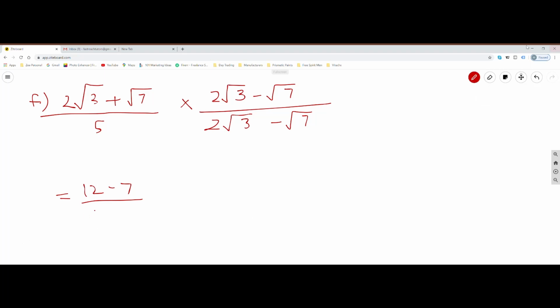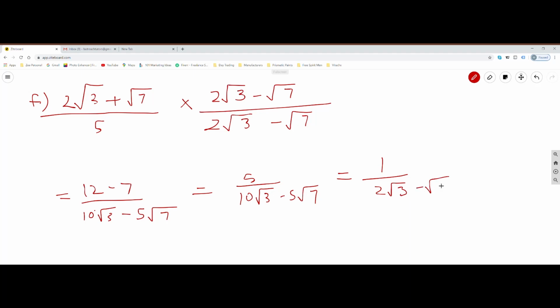So that's 10 square root 3 minus 5 square root 7 equals 10 square root 3 minus 5 square root 7 equals 1, 2 square root 3 minus square root 7. So that's completing question 3.